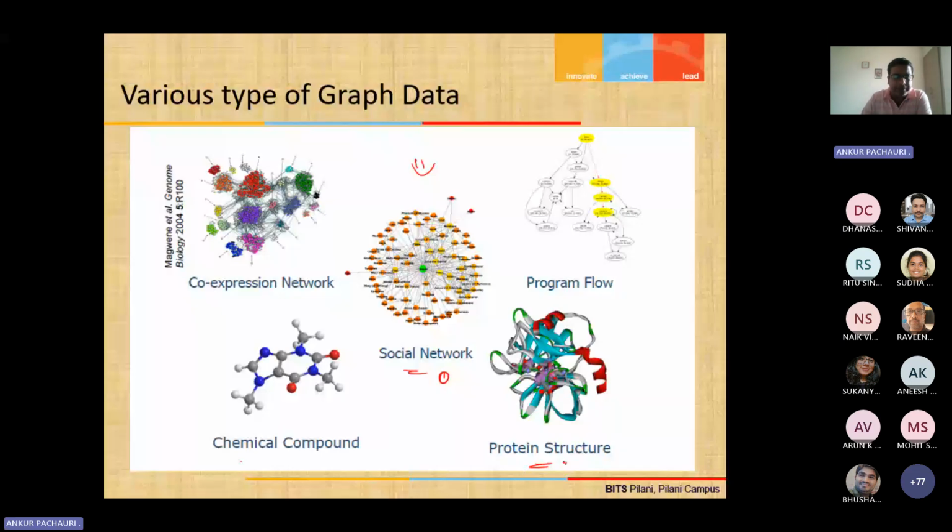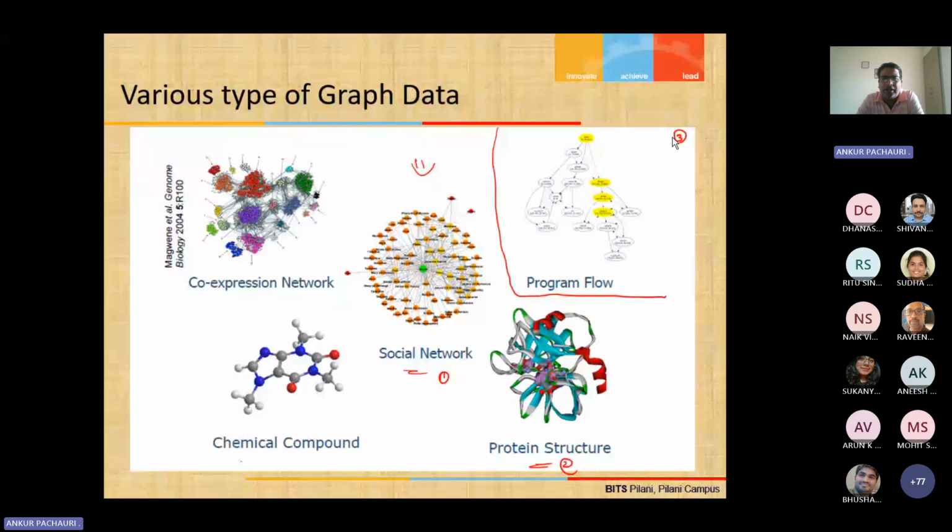Program flow, I'll explain those two. Program flow means the flow of the program can also be converted into the form of a graph. Which module is being called. If a module is being called, that can be converted into an edge. When it returns back, then a return edge.